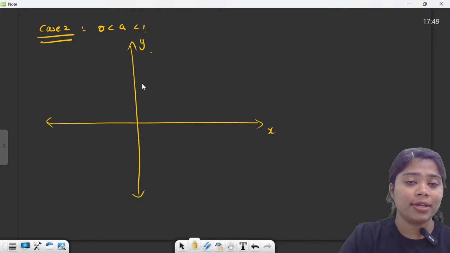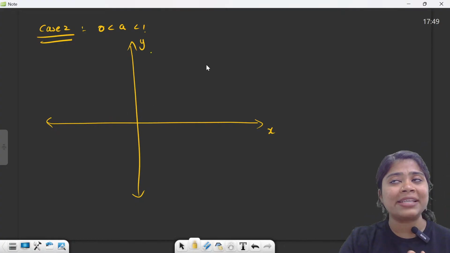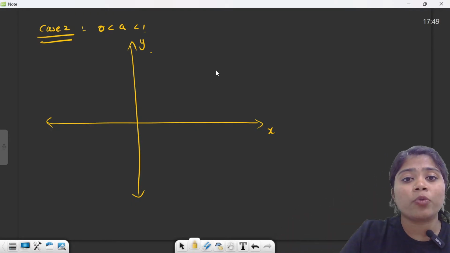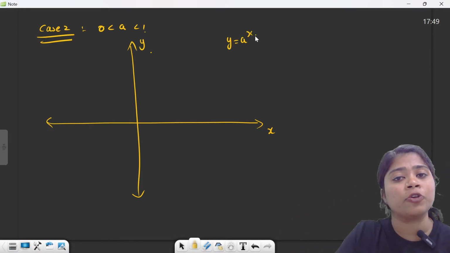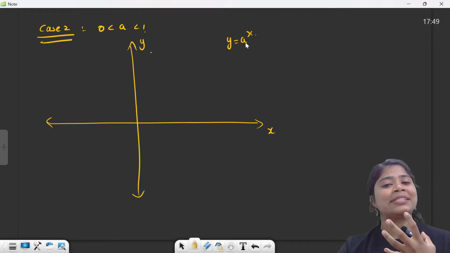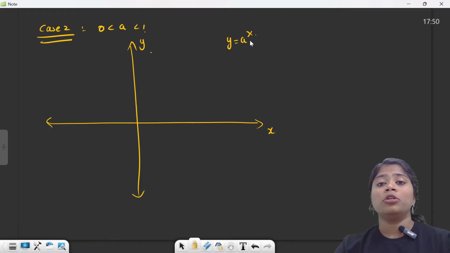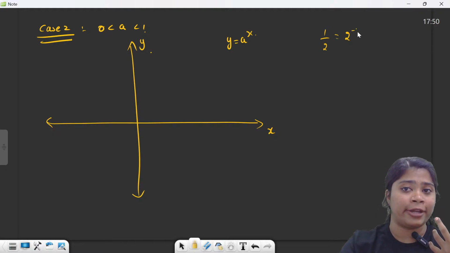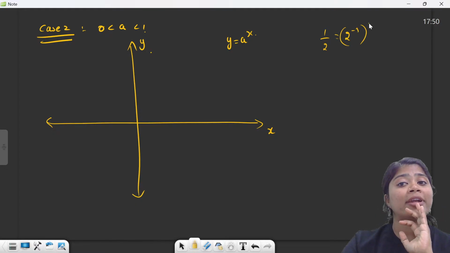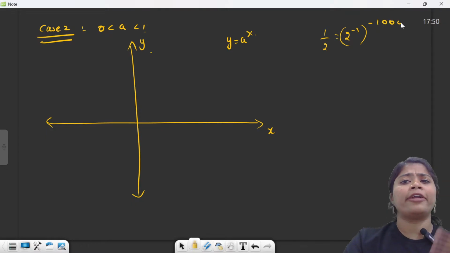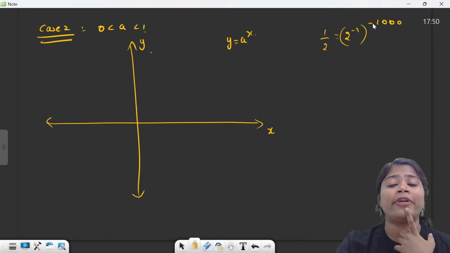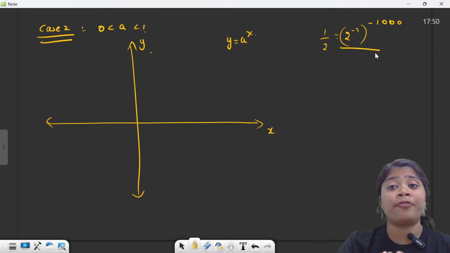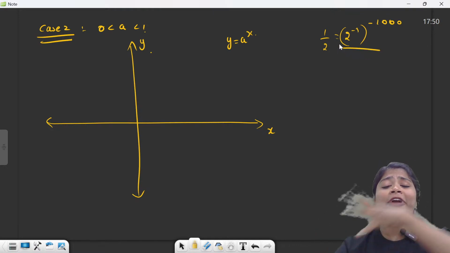X, Y. So if the base is less than 1, look at y is equal to a power x. If I say a is equal to 1 by 2, I can write 1 by 2 as 2 to the power minus 1. So if I have a negative power, negative into negative becomes positive, and the final value you get is very big.